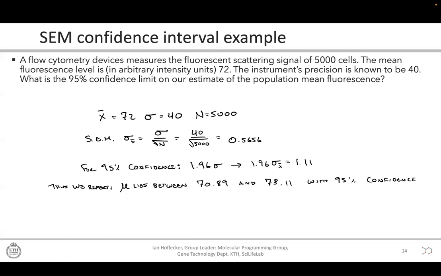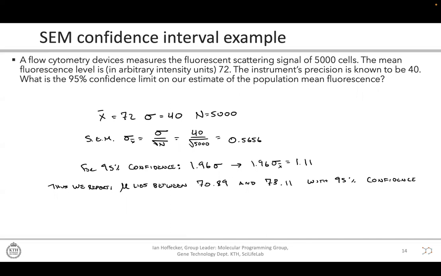And this was from 5,000 different cells, 5,000 measurements. We already know the instrument's precision. For one of these measurements, we know that this is 40 intensity units.